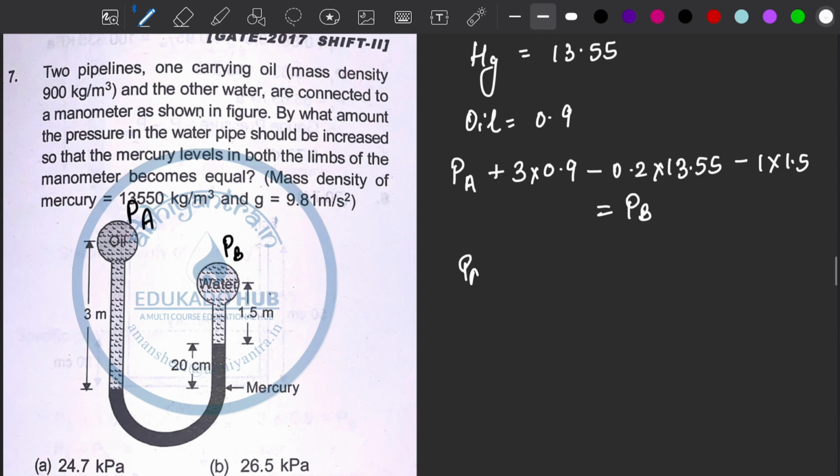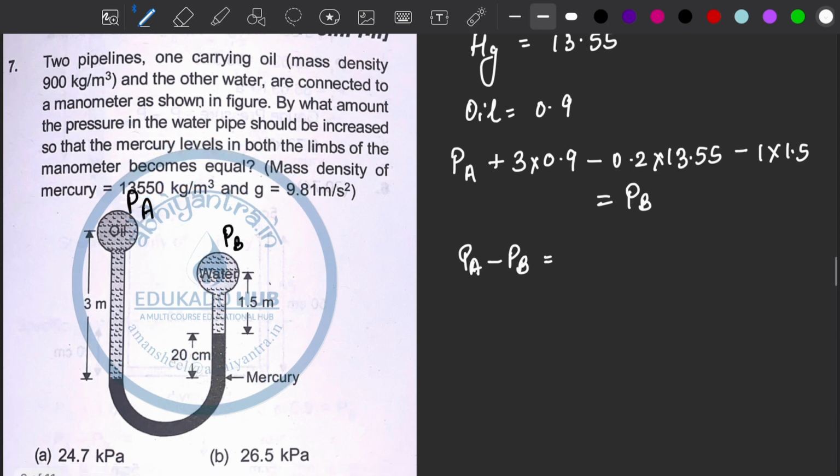So I can say PA minus PB comes out. The value, if I calculate, comes out to be minus 1.51 meter of water.